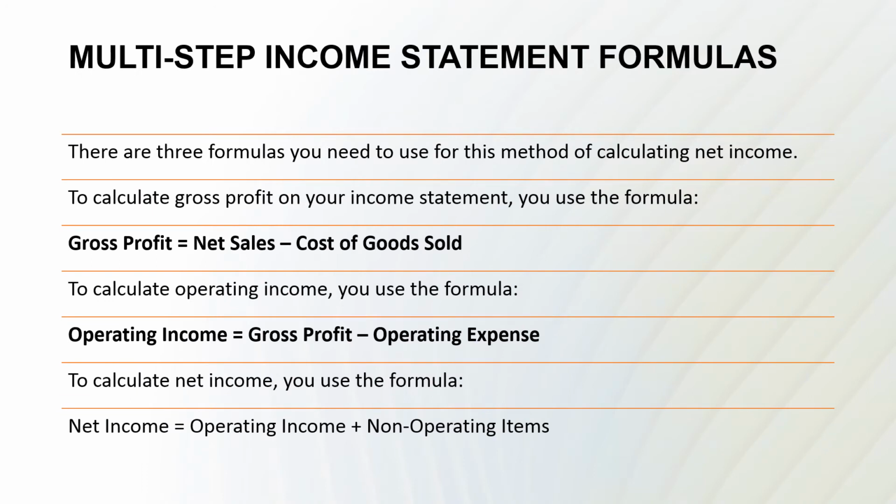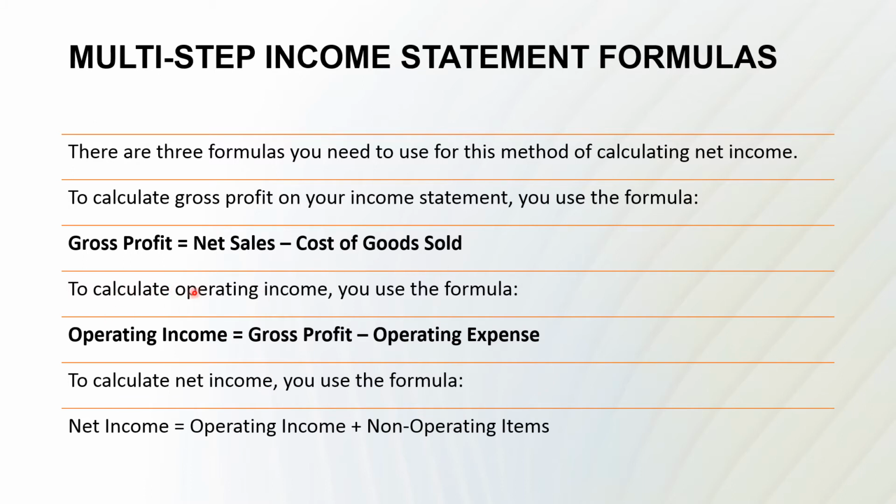So here are the multi-step income statement formulas. These are the three formulas you need to use for this method of calculating net income. To calculate the gross profit on your income statement, you use the formula: gross profit is equal to net sales less cost of goods sold.